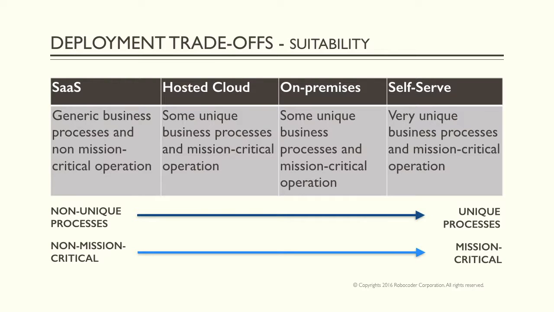On the far right, self-serve is most suitable for companies that have very unique business processes operating in a mission-critical environment. Hosted cloud and on-premises usually deploy off-the-shelf software solutions with some customizations, making it suitable for business with some unique business processes operating in either a mission-critical or non-mission-critical environment.